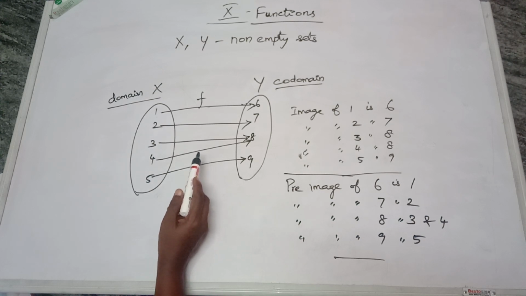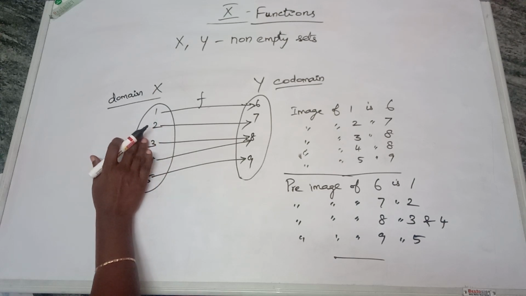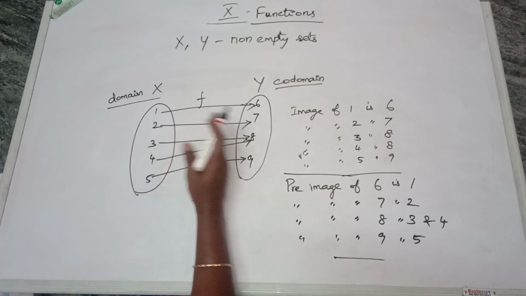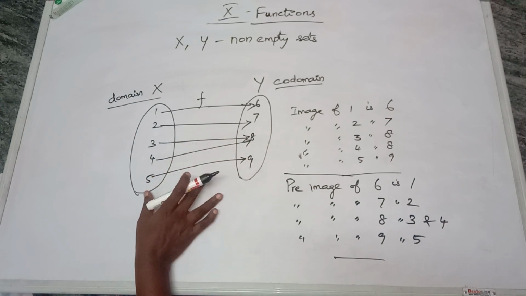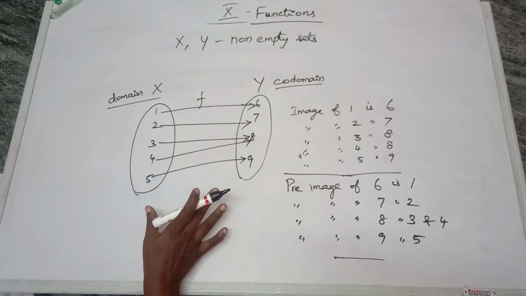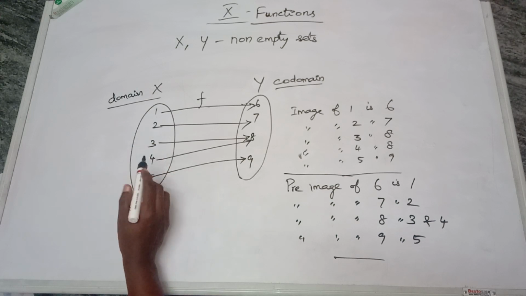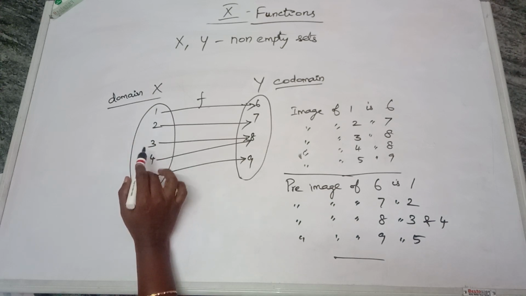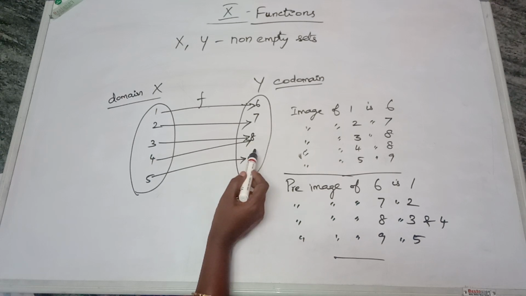Every element in X has only one image in Y. Therefore this is called a function. Such a relation is called a function. What is the condition for a function? Every element in the domain has only one image in the codomain.